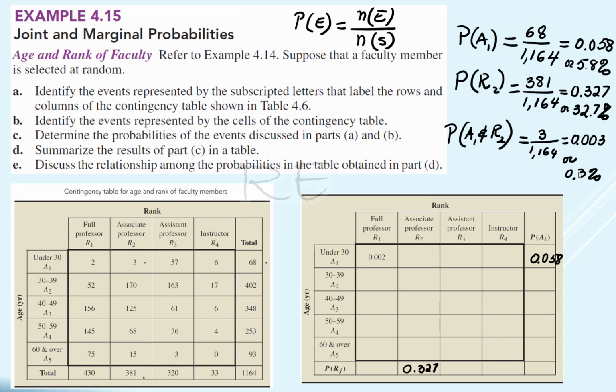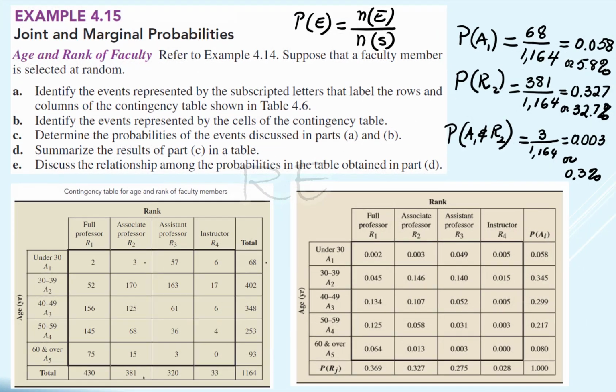Now let's combine them. P of A1 and R2 is 0.003. The total should be 1.00 because it's 1164 over 1164. As you probably notice, the joint frequency distribution can easily become a joint probability distribution.